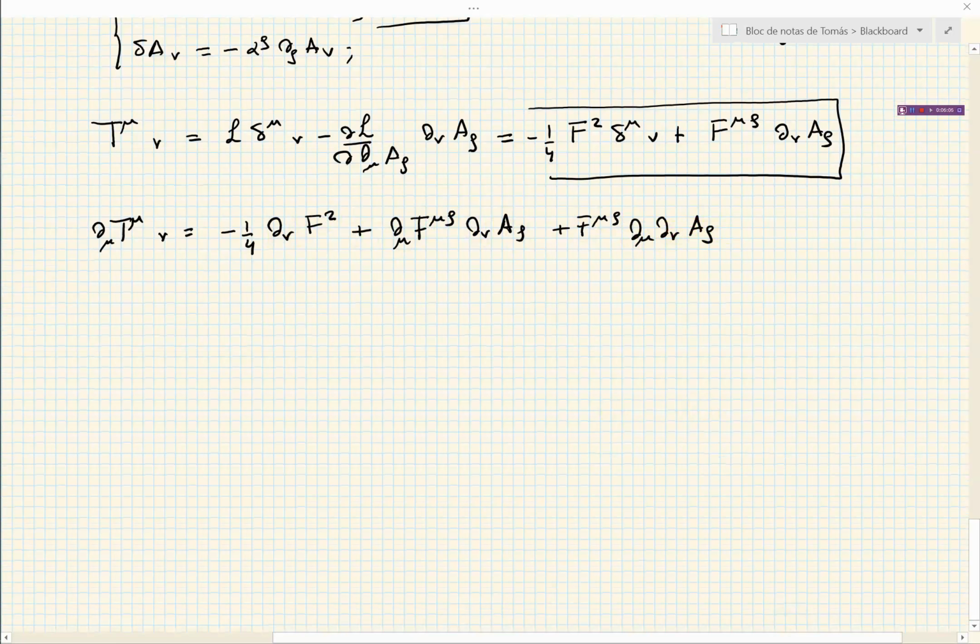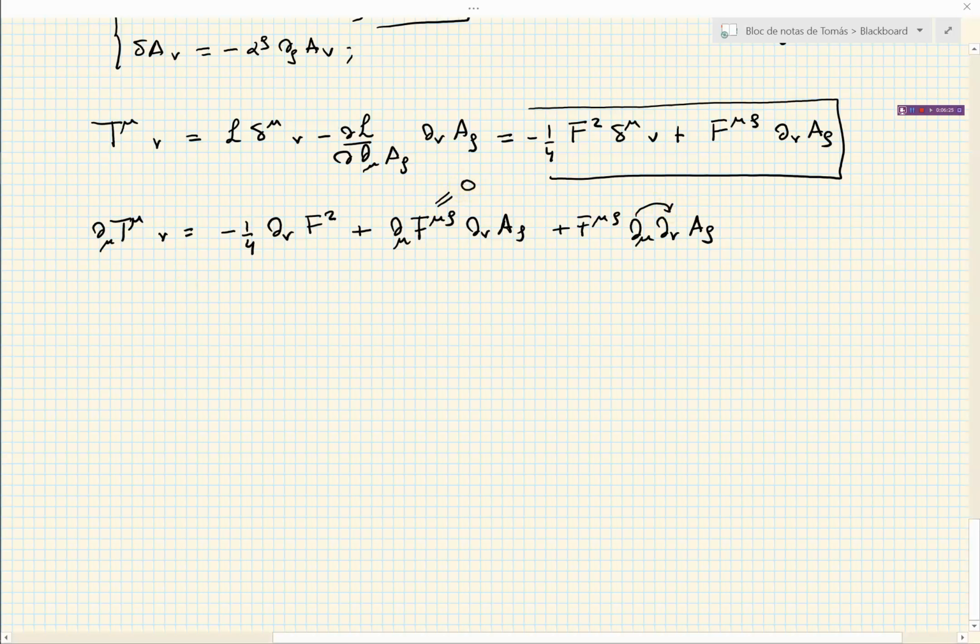First we are going to interchange these two partial derivatives, and we are also going to use the equations of motion, because we know that the conservation of Noether currents is always an on-shell business. These are the Maxwell equations.